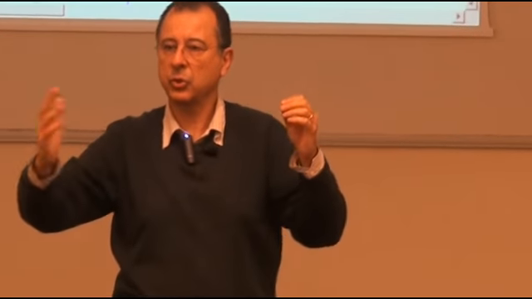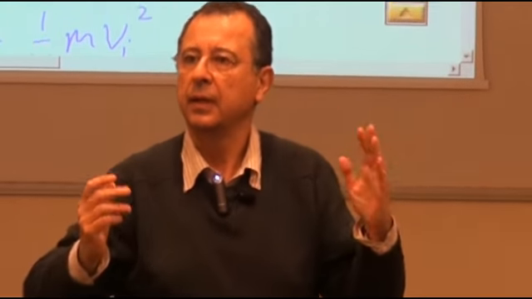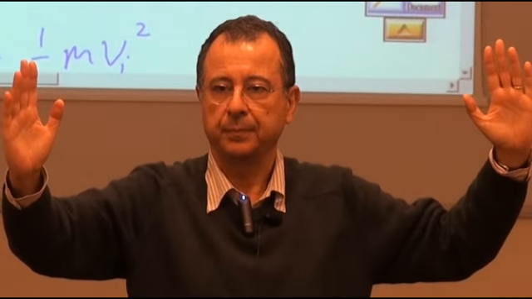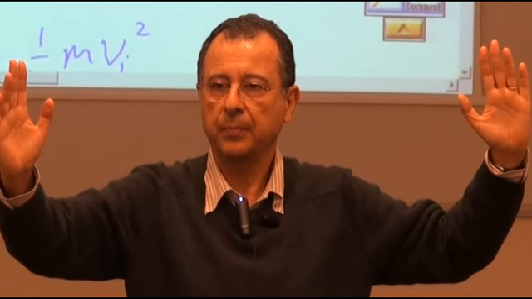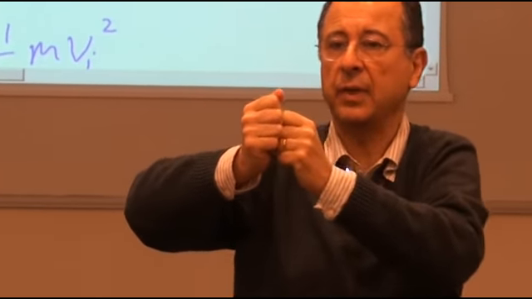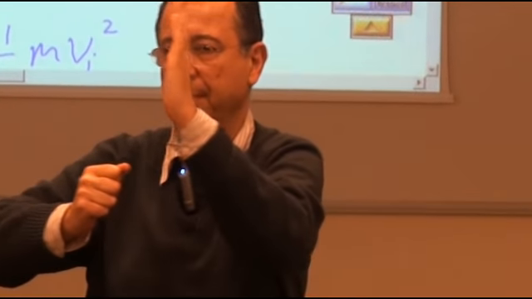And this goes on, conserving the total amount of energy. Okay? At the initial point, I gave a velocity of plus 3 meters per second. So it's moving to the right.